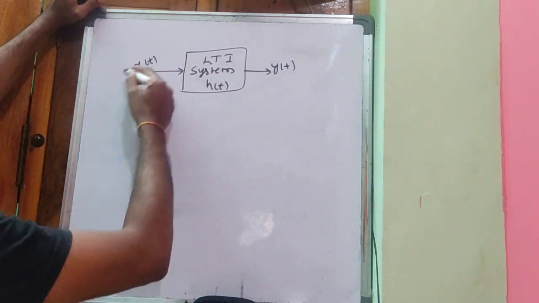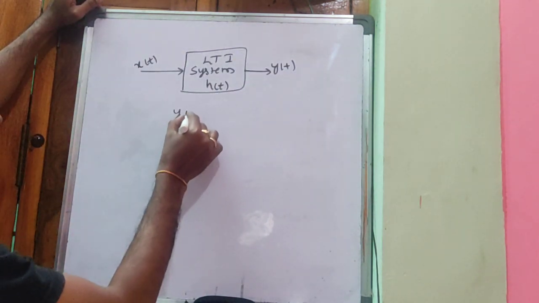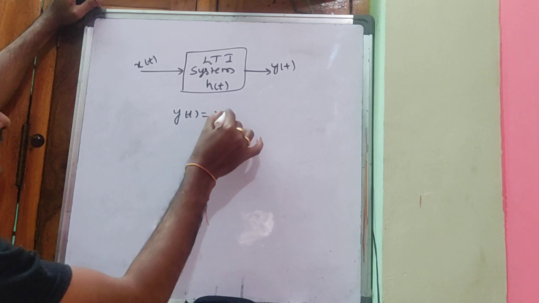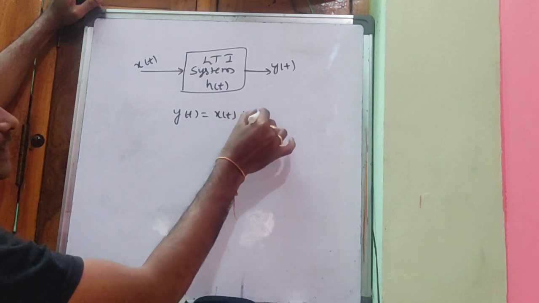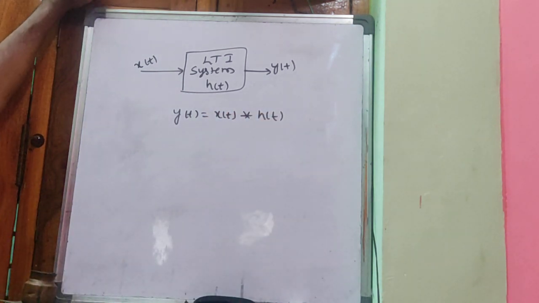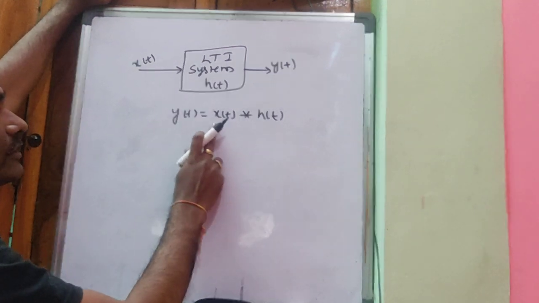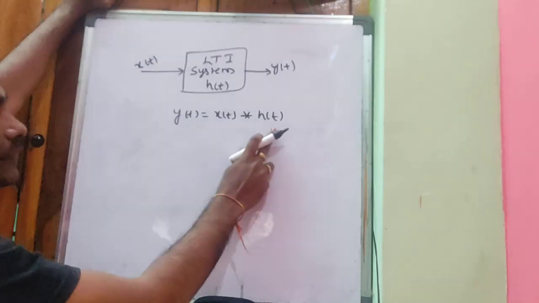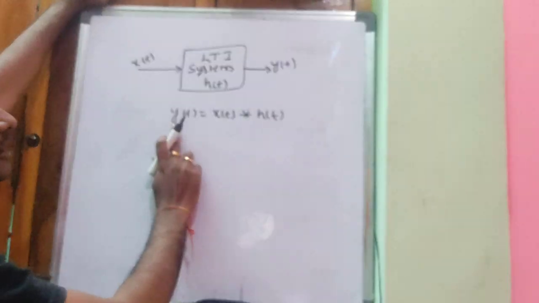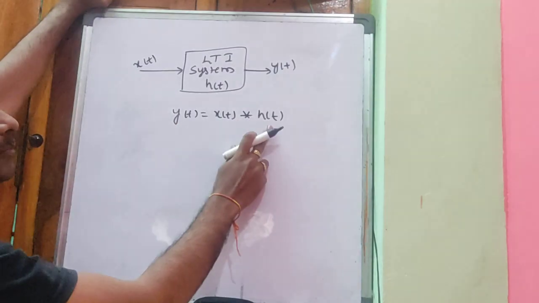So what is the relationship between these three? y of t is equal to x of t convolved with h of t. This is the relationship between the input, output, and the impulse response.